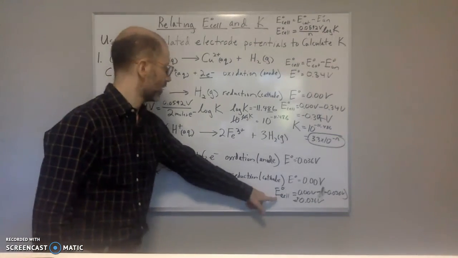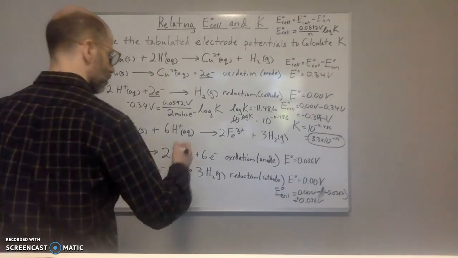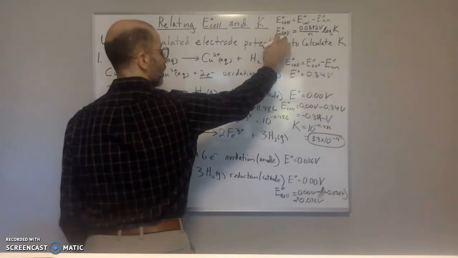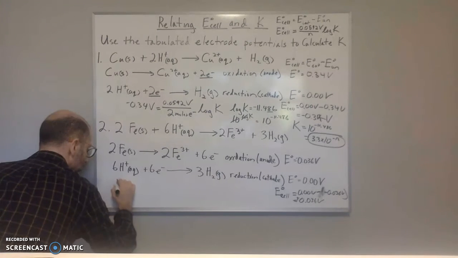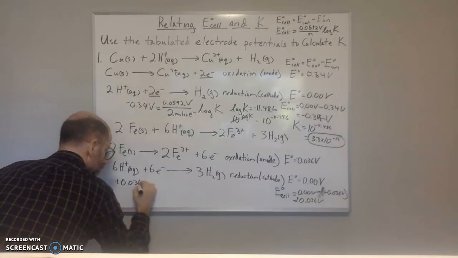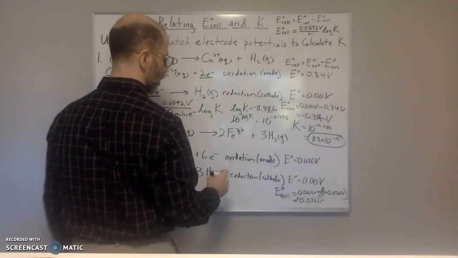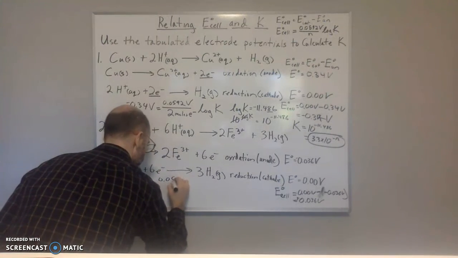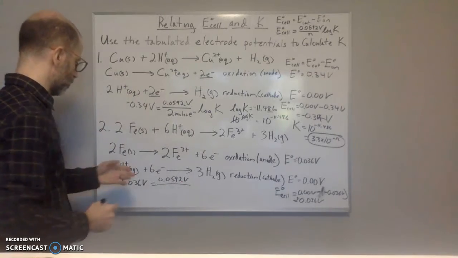Okay, so now that we have that, we can now take this and plug it into this equation here. So our standard electrochemical potential of the cell, plus 0.036 volts, is equal to 0.0592 volts over the number of moles of electrons.